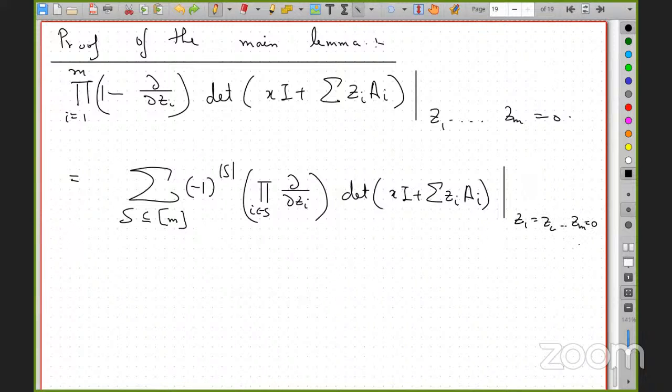But let me ask, what is this? This thing we have seen before, right? You take a polynomial, then you apply a bunch of operators on it, these derivatives, and then set all the variables to 0. What will survive?